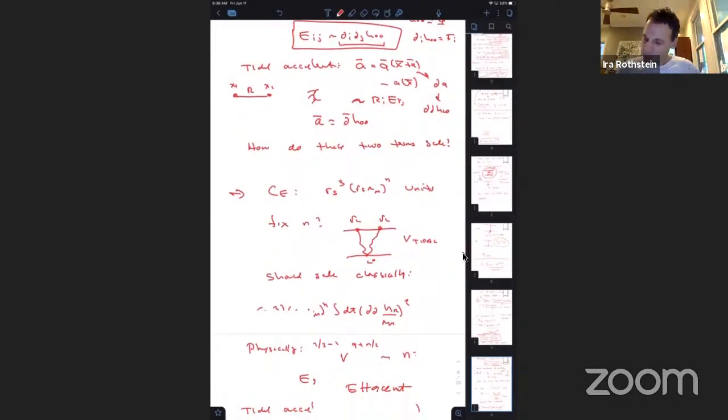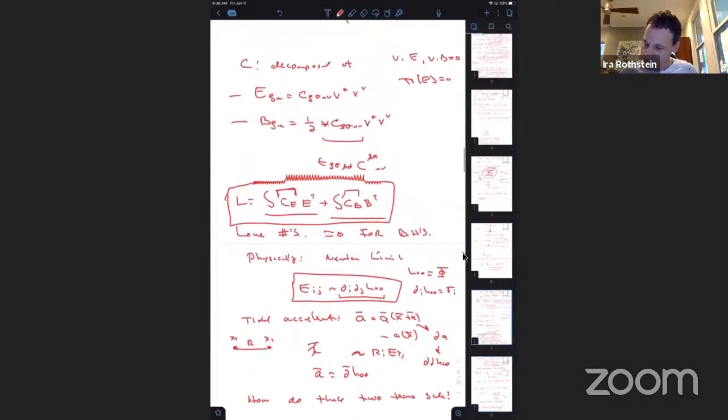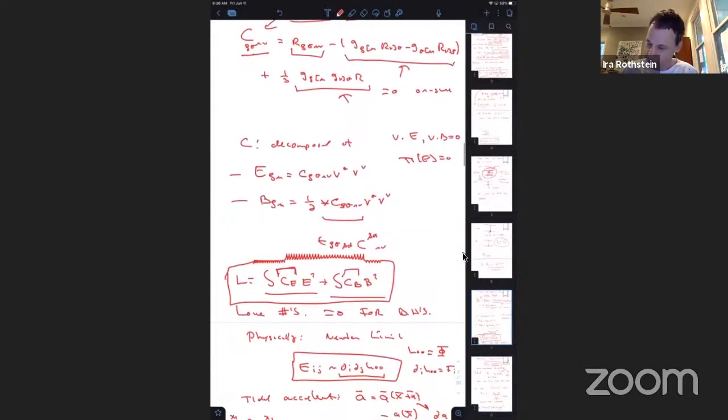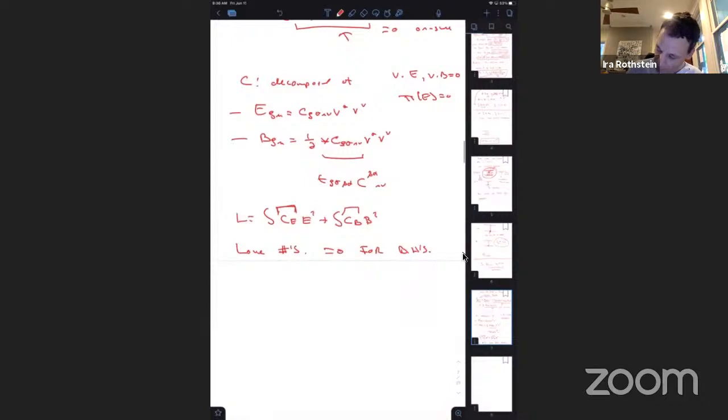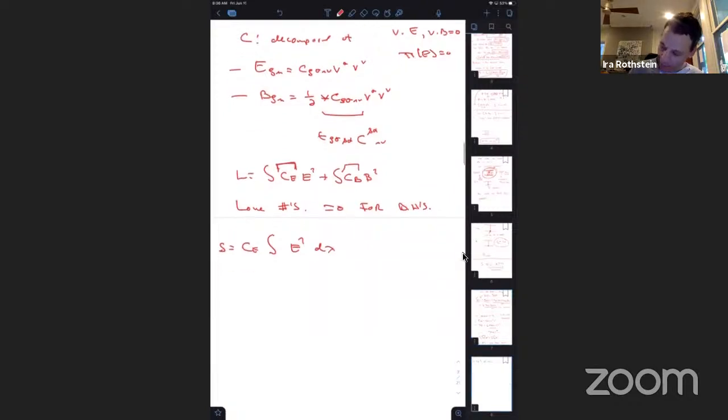On dimensional grounds, if we look at this term here, then let's do some dimensional analysis. And we know this has to have units of 0.